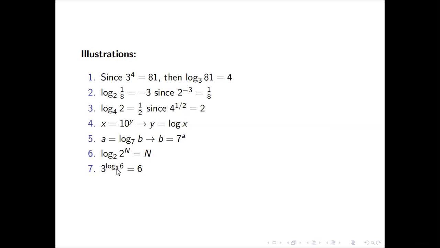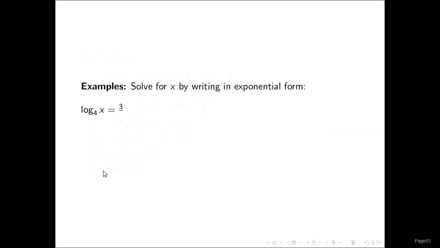When the base of the logarithm and the base of the exponential are the same, you get back the input number. For example, 6 and 7: same base. 2 here, 2 here, 3 here, 3 here. Is there any question on those before we proceed?